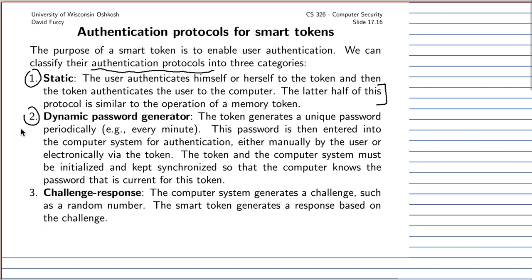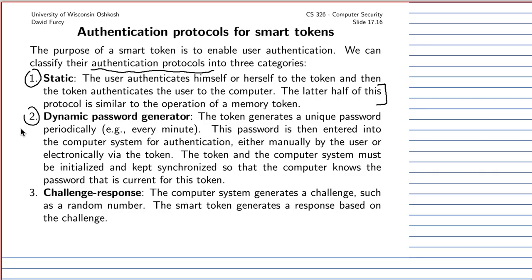The second category of authentication protocols used by smart tokens is a dynamically generated password. In this case, the token is constantly generating unique passwords every so often, say every 5 minutes or every minute.